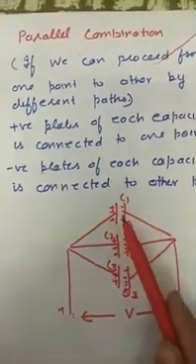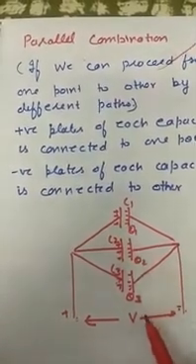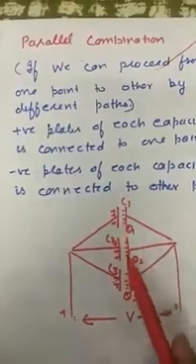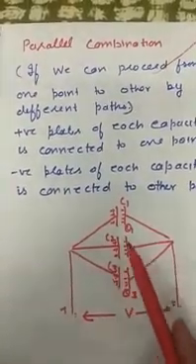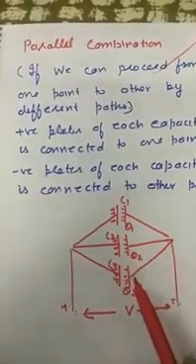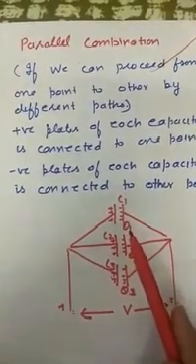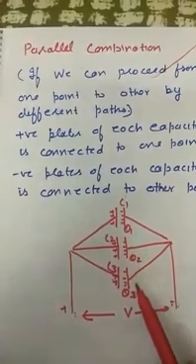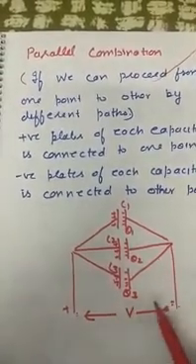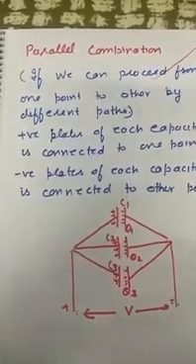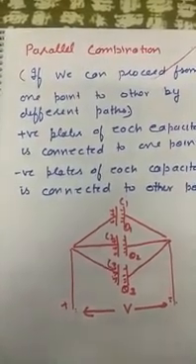Naturally we can observe that V is the potential across each, and the capacities are different. So naturally each capacitor will have charge according to its capacity. So charges are different, Q1, Q2 and Q3. In this combination potential V is the same but charges are different.